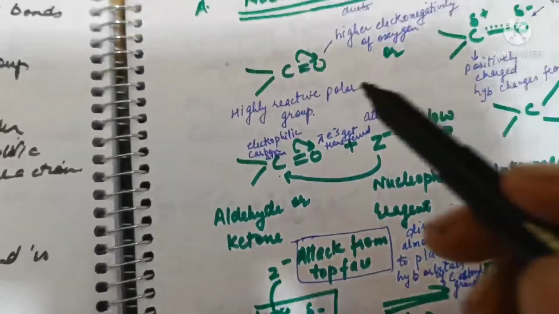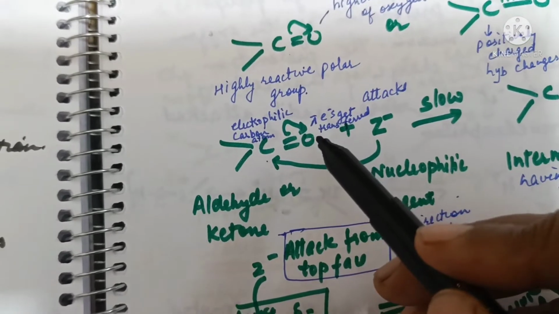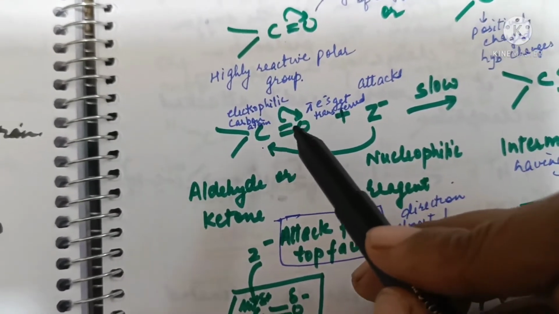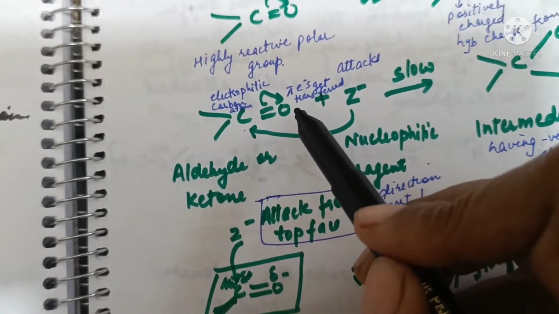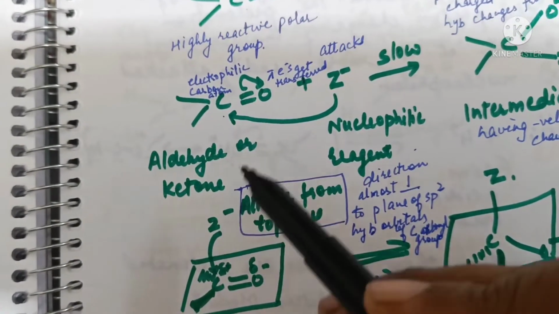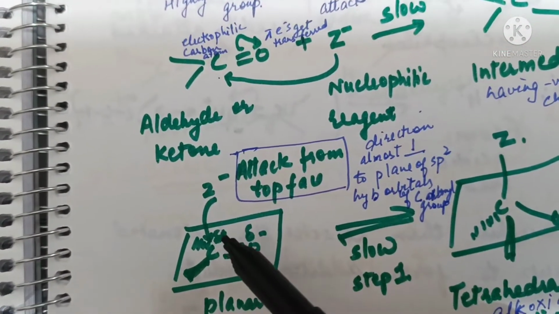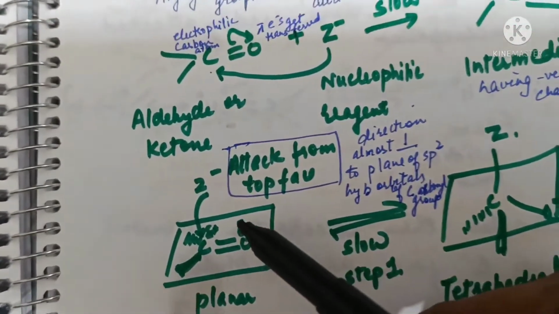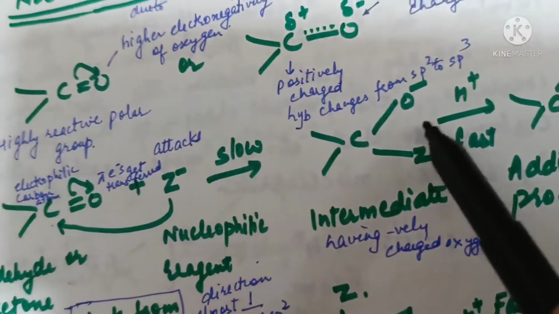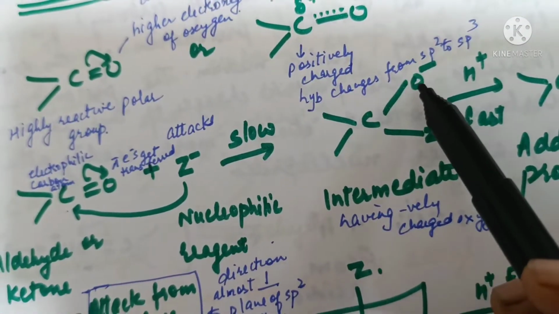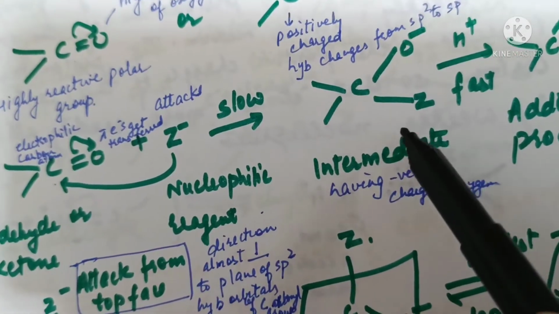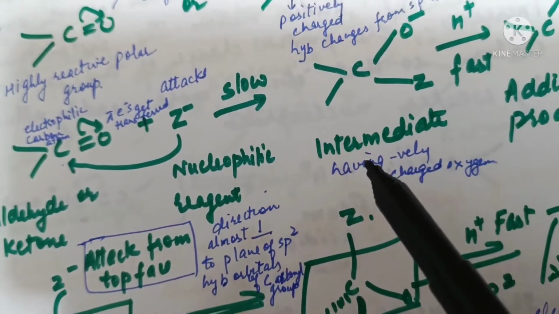The nucleophile will attack when the electrons of the pi bond are shifted from the pi bond to the more electronegative oxygen atom. A nucleophile will go to the electron-deficient carbon atom from the top. As a result, the electrons migrate towards the oxygen atom. Because electrons migrate, the nucleophile gets attached and an intermediate is formed.